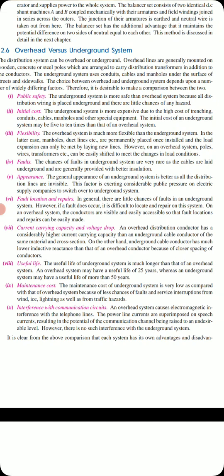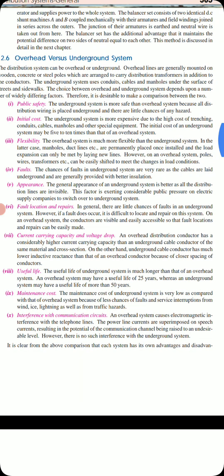And for advantages, you can give that public safety is good, faults are very few, appearance is good, voltage drops are less, useful life is more, maintenance cost is less, and there is less interference with the communication lines. These are the things we can give as the advantages of the cable.